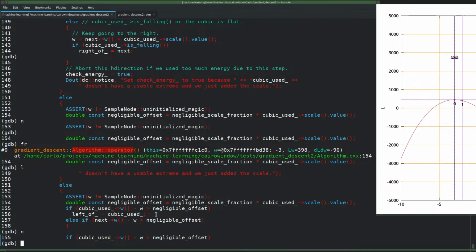Now the cubic used W value, it's -3, and W is also -3 because it's starting right at the maximum. So this is not larger than a negligible offset.